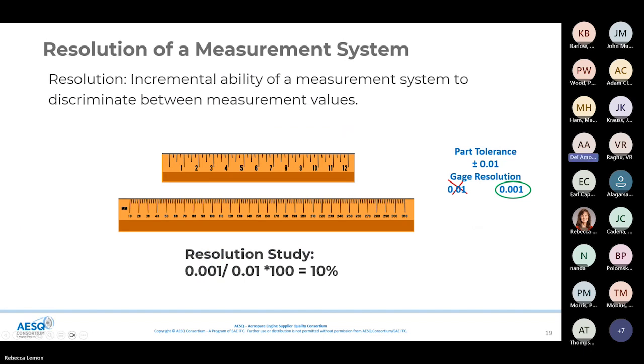Here's a more graphical definition of resolution in a measurement system. We can define it as the incremental ability of a measurement system to discriminate between measurements, right? For example, if you're going to measure something with a tolerance of plus minus 0.01, your gauge should at least be able to measure one more digit.